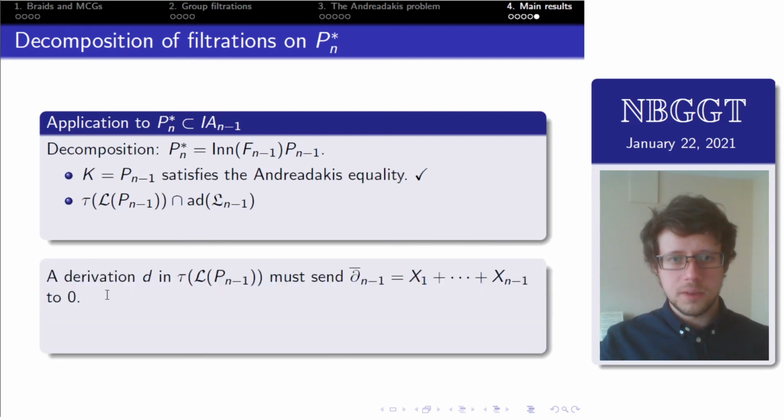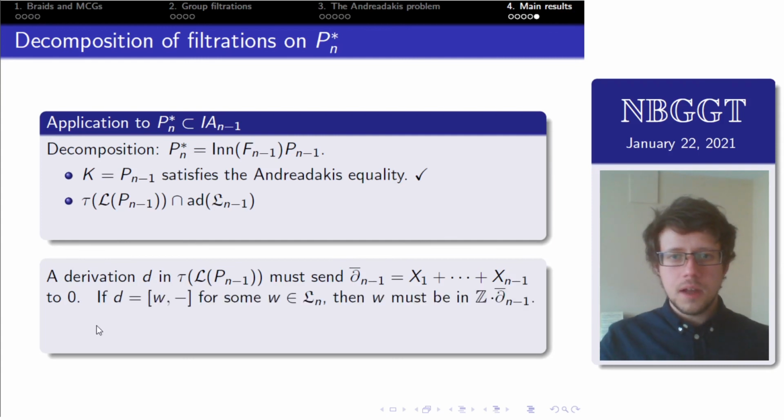This is a derivation, and it's in this image. It comes from a pure braid, so it has to fix the class of the boundary element. Fixing it in terms of Lie algebras means it has to be sent to 0. And also it is inside this one, so it's an inner derivation.